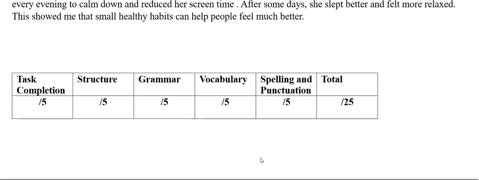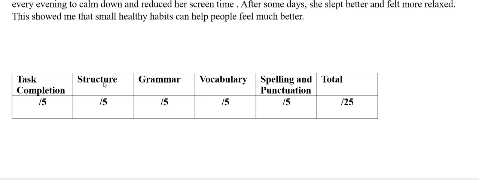And we are also given the bifurcation of marks here. This question, writing part 2, is of 25 marks. 5 marks for task completion, that is, all the 3 prompts which are given in the question, the 3 bullet points, you should answer all 3 points.